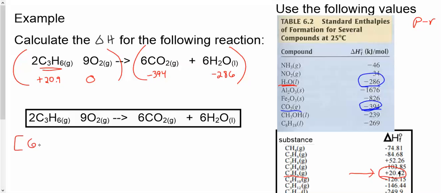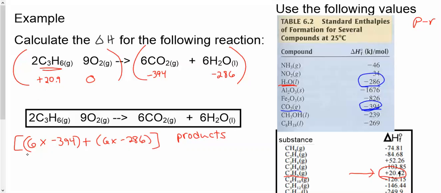So we're going to say 6 times negative 394 plus, we have 6 waters, so we're going to say 6 times negative 286, and that will give us the enthalpies of formation for our products. I'll just go ahead and write this over here, products.